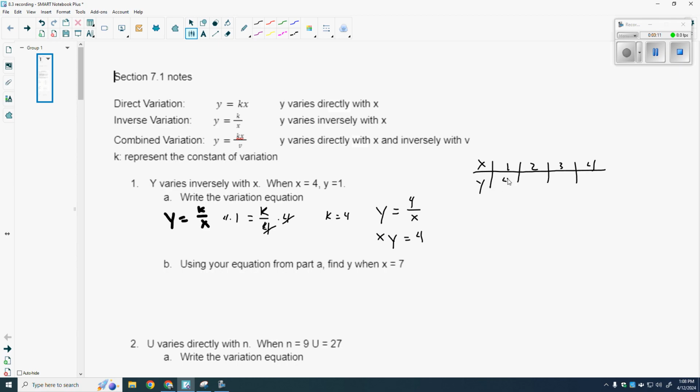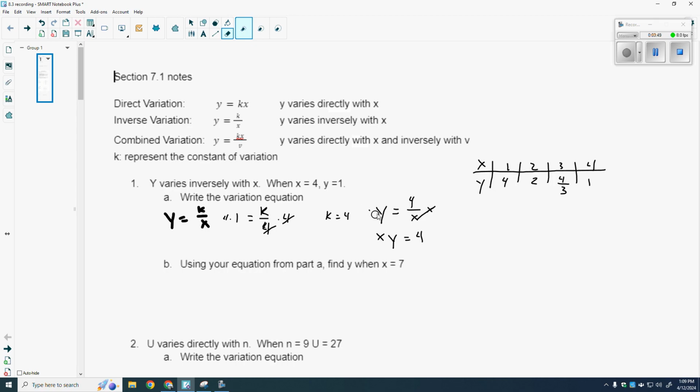So this would be 4, this would be 2, and this would be 4/3, that's a 1, that's a 3. You get the idea? If you have two variables that are inversely related, any combination of x and y should multiply together to give me that constant. I see that because I multiply both sides by x, and I get x times y has to equal 4. Okay, that was a side note.